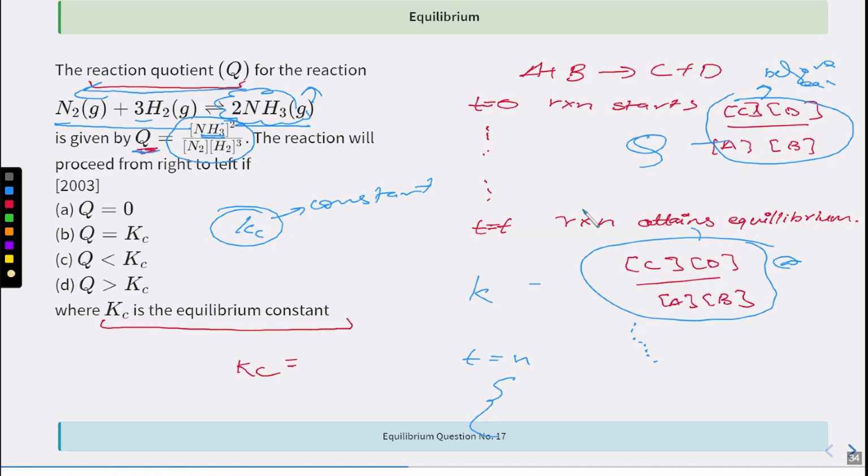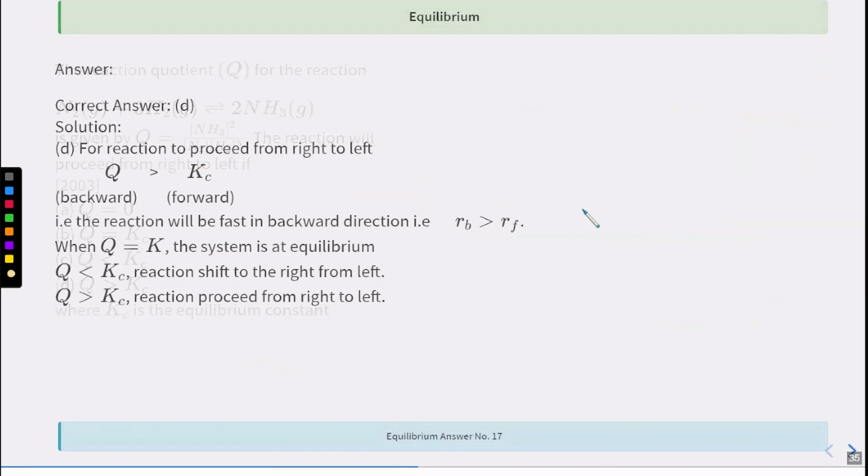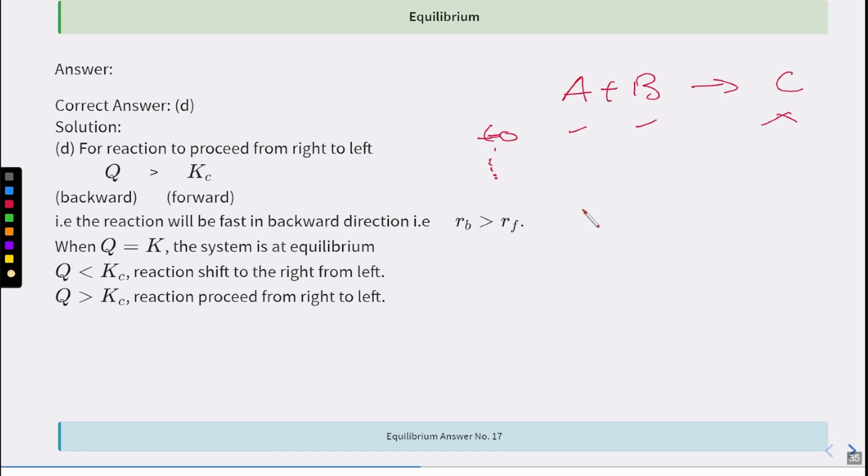What I'm telling is that, we'll see it here. I have a reaction, let us say A plus B gives rise to C. What happens is, initially, let's say at t equal to 0, we had A, we had B, but we did not have C. Then some time passed, and then we came to equilibrium. At t equal to T, we are at equilibrium.